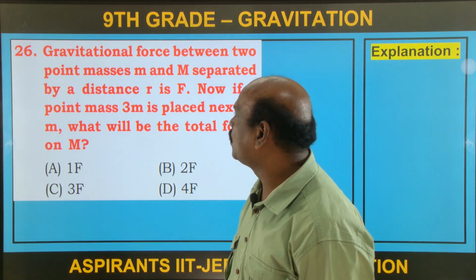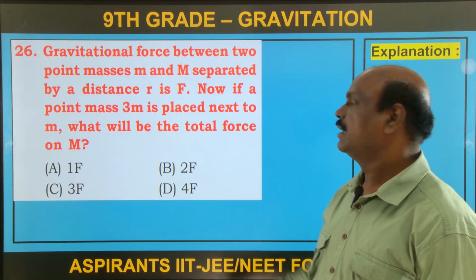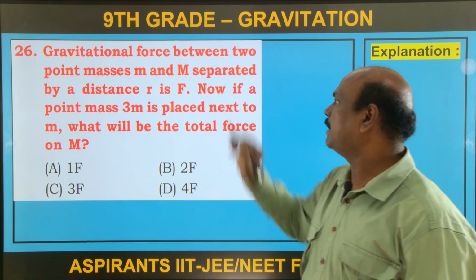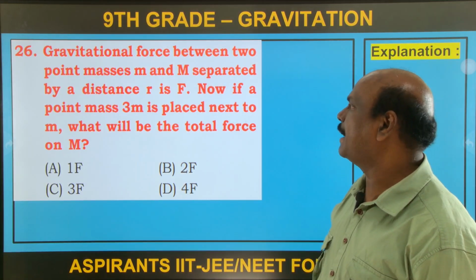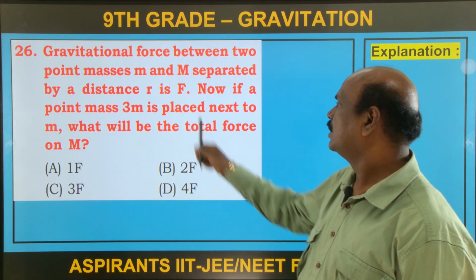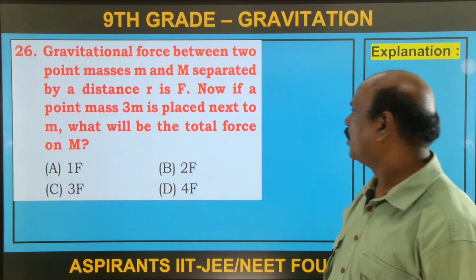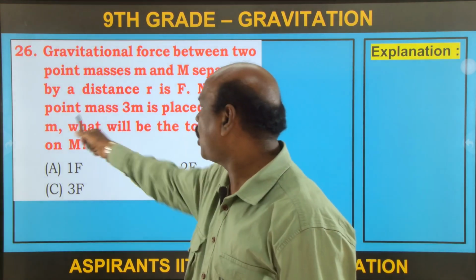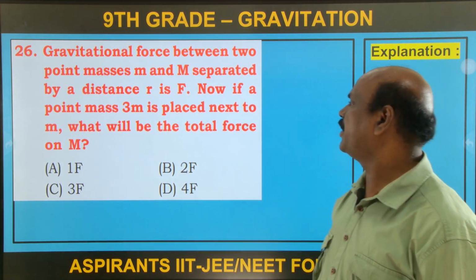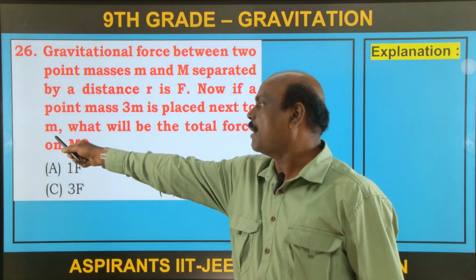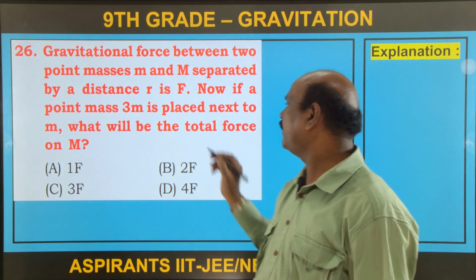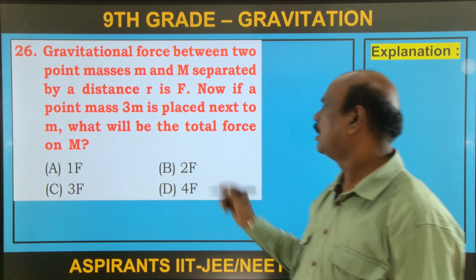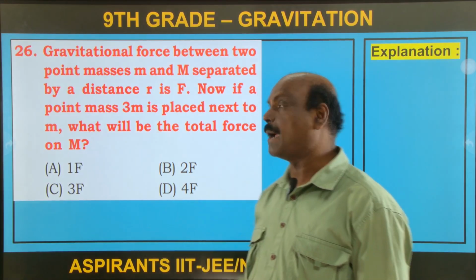The gravitational force between two point masses, small m and capital M, separated by a distance r is F. Now, if a point mass 3m is placed next to mass small m, what will be the total force on mass capital M?